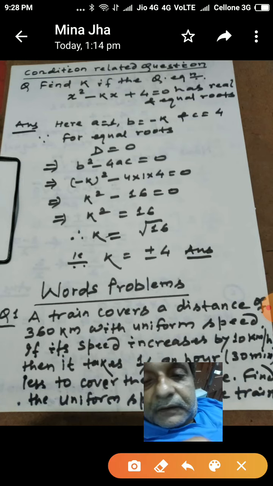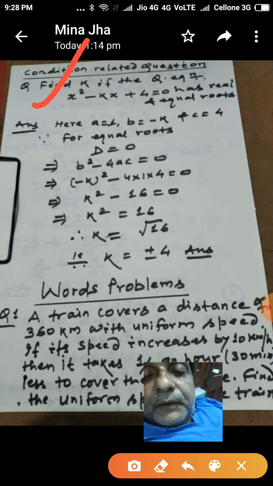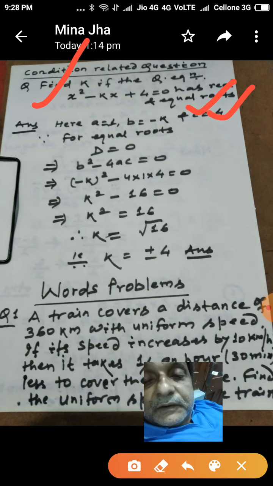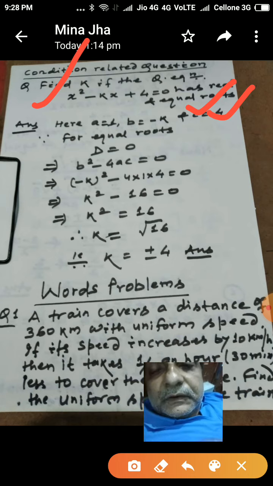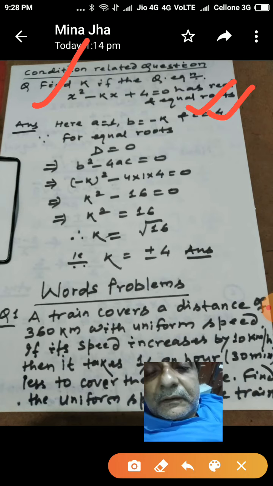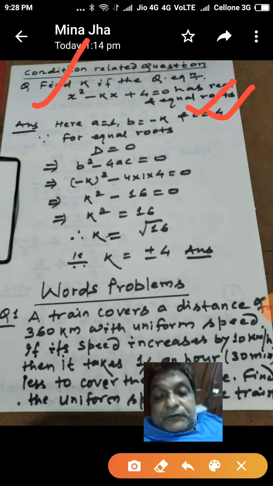Say for example, we take this example: find k if the quadratic equation x square minus kx plus 4 equal to 0 has real and equal roots. So here student, you just pay attention to what is said in this question.